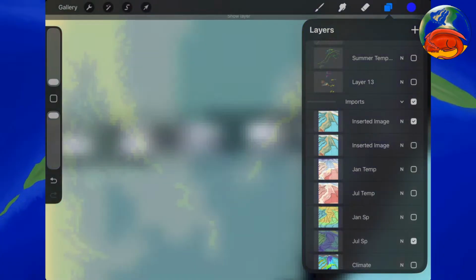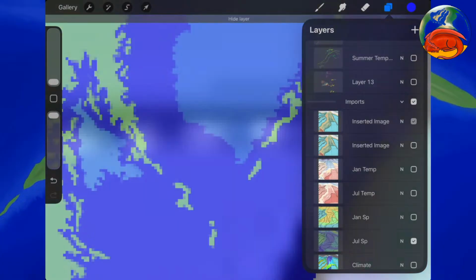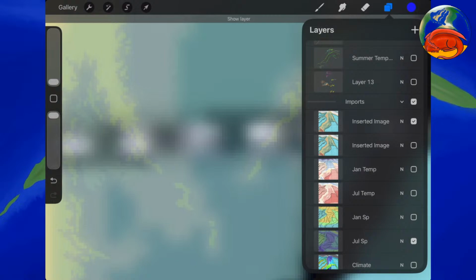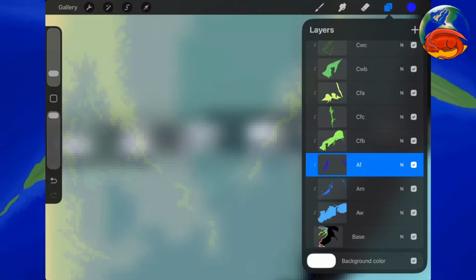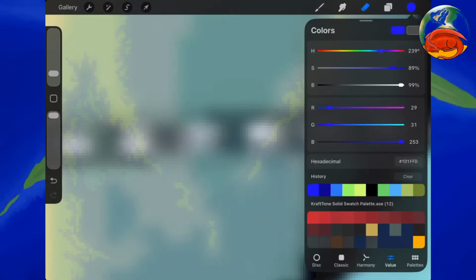I just want to double check this. Yeah, okay, good. Working on the right layer. Get our AM.